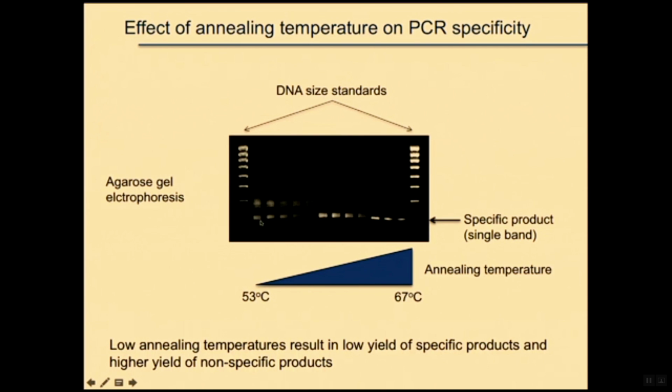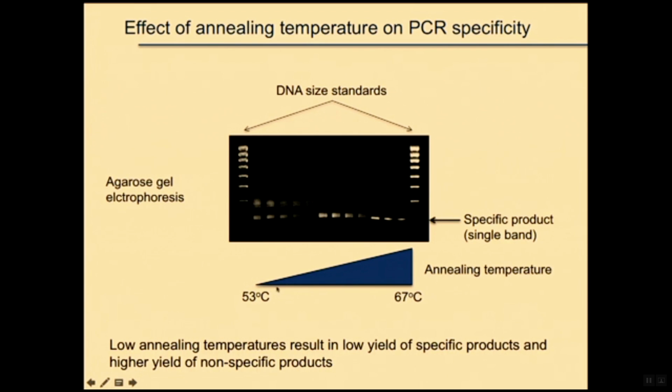So you can see that the size of the band that we actually want to amplify up is this one. But if you have a lower annealing temperature, your primers can potentially bind to other places of your DNA template, and you can get other things being amplified up that are non-specific. Then there's multiple bands here.